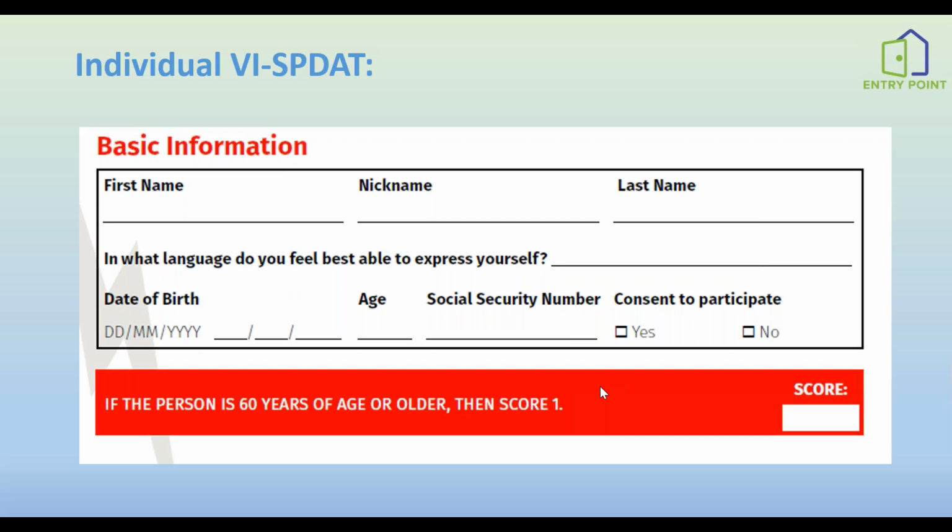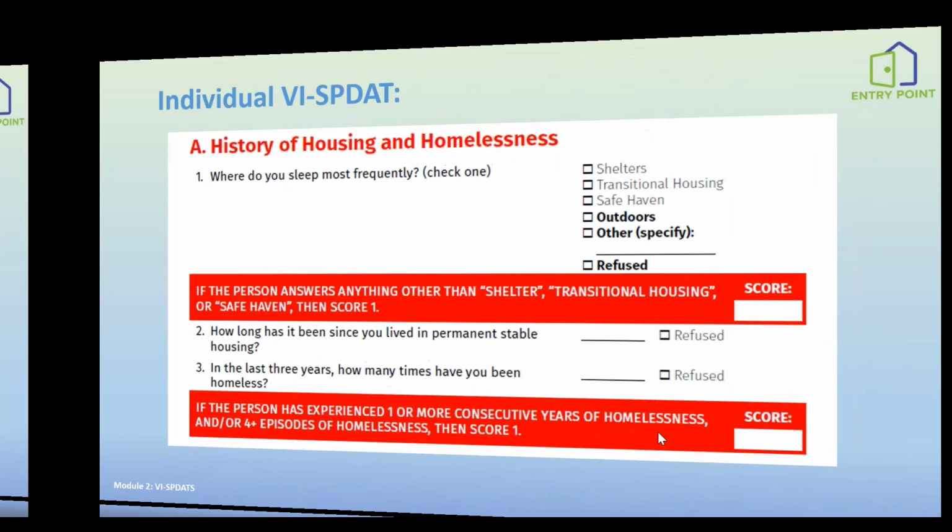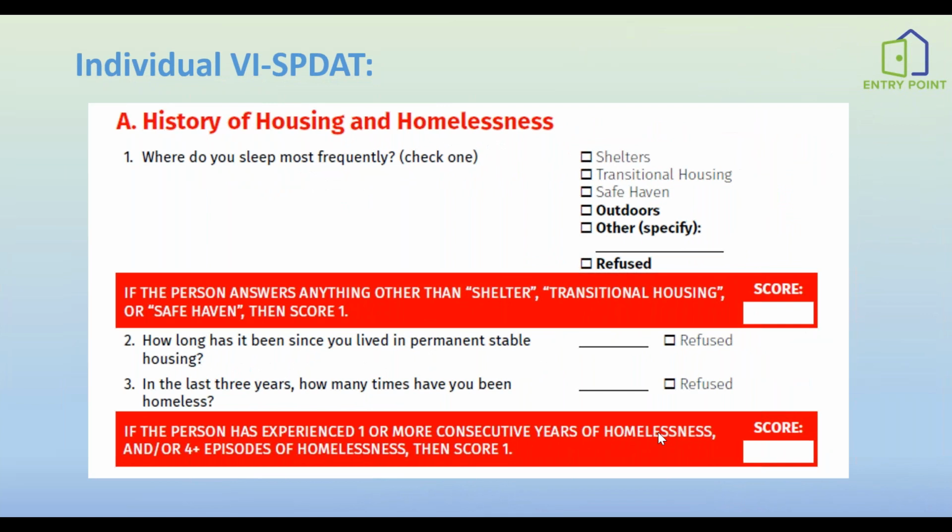And if you're doing the VI-SPDAT, you don't need to worry about putting in people's ages, and you don't need to score it on paper or anywhere in a fillable form, because when you put it in HMIS, HMIS will score it for you. So save yourself the headache, the time, and the trouble. Don't try to score it. Higher math is not required for administering the VI-SPDAT.